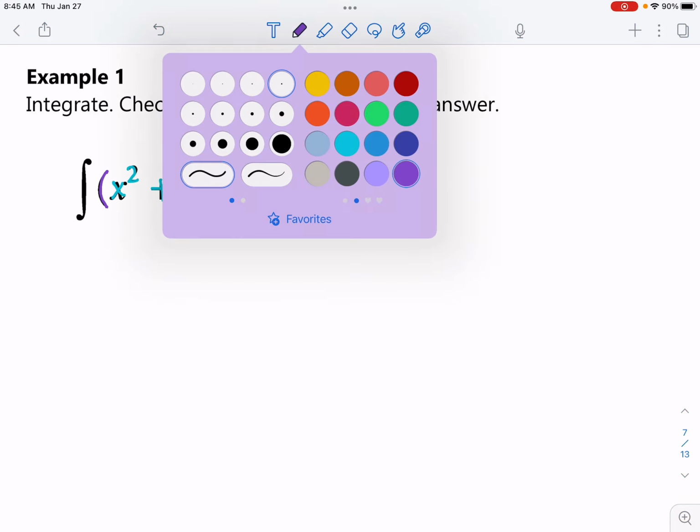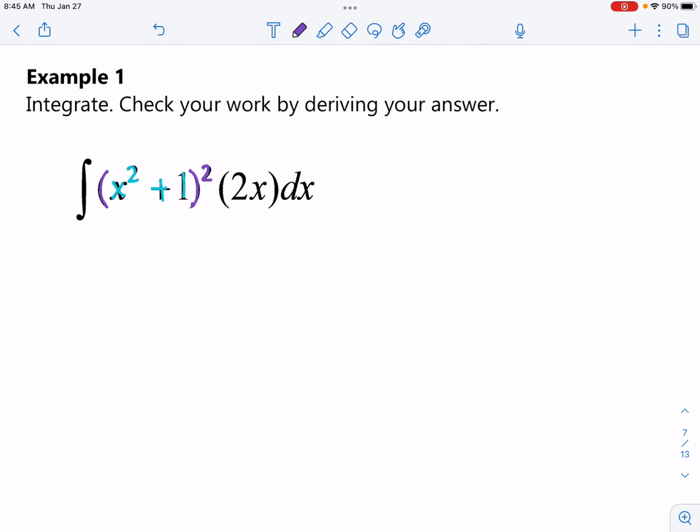Okay, so let's go ahead. Step 1 is anti-derive the outer, holding everything else. So an antiderivative for x squared is 1/3 x cubed, right? And then we're going to hold the inside as well as the inside's derivative. There's step 1. Anti-derive the outer, hold everything else. Okay, step 2 is divide by the derivative of the inside.